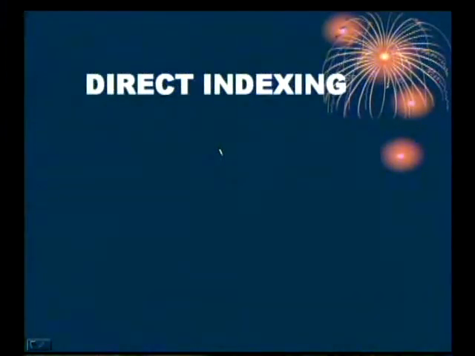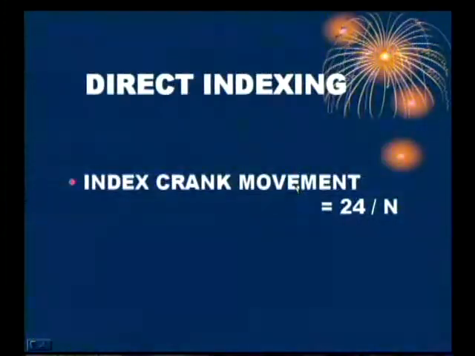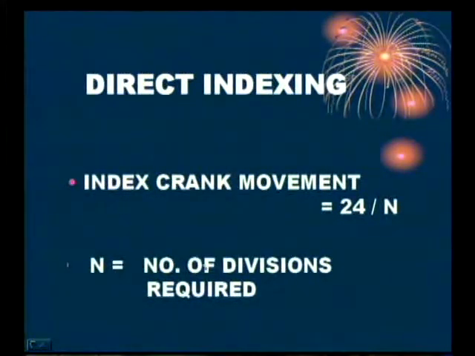Now we see direct indexing. In direct indexing, we have the spindle attached with an index plate, and this plate has only one circle of holes. 24 holes is the general number, and that is why the index crank movement is taken as 24 divided by n, where n is the number of divisions required.